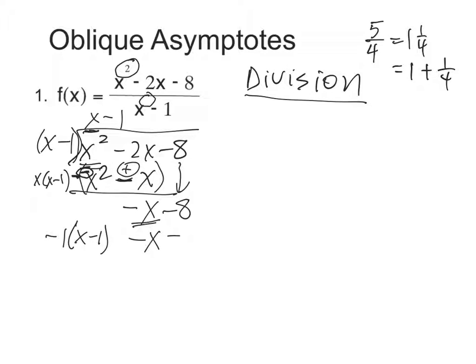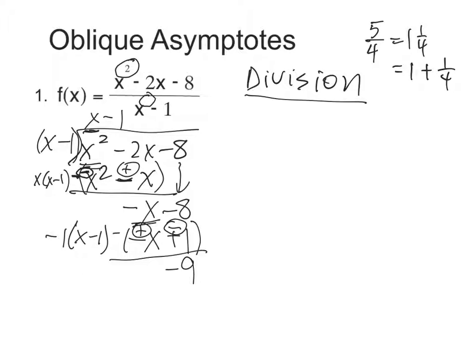Negative x plus 1. But then we have to subtract, change that to plus x, and then minus 1. Negative x plus x would be 0x. Negative 8 minus 1 would be negative 9. What does the negative 9 represent?